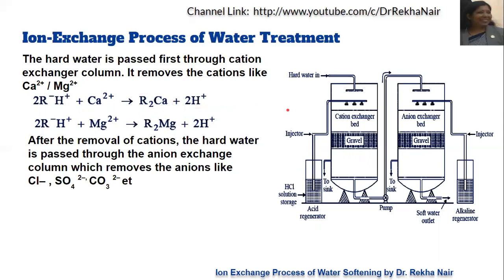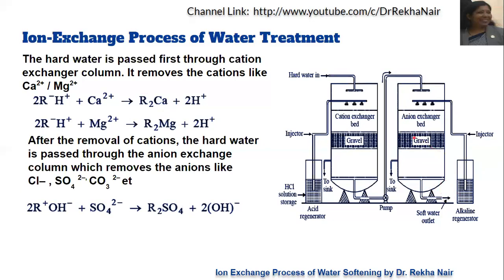After removal of the cations, the water will be passed into the anion exchanger bed. Here in this column, the anion exchanger bed will remove the anions like chloride, sulfate, nitrate, carbonate, etc. And the softened water will have an outlet from here.